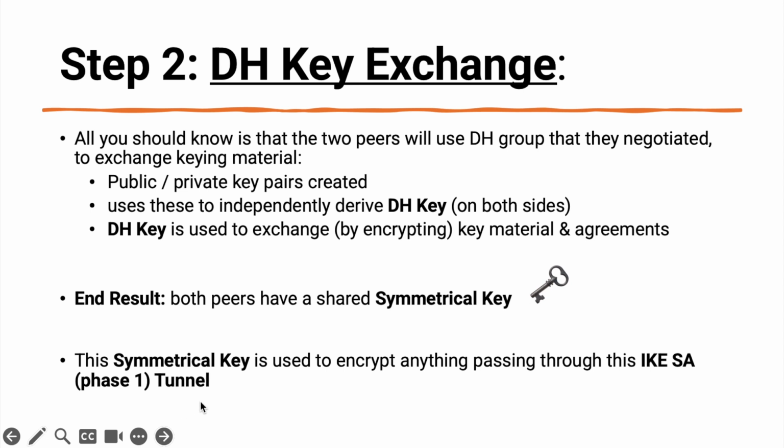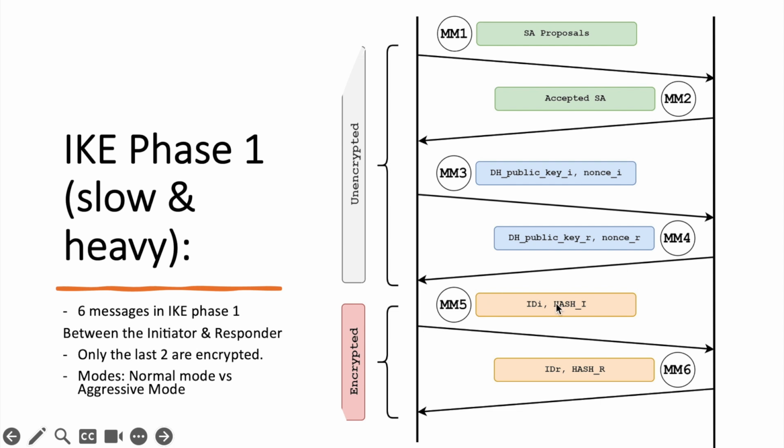So after the fourth message, after the completion of step 2, you're going to now use this encryption key. Therefore, remember when we said that the last two messages of IKE phase 1 are encrypted? Well, that's why, because we've now determined a symmetric key.